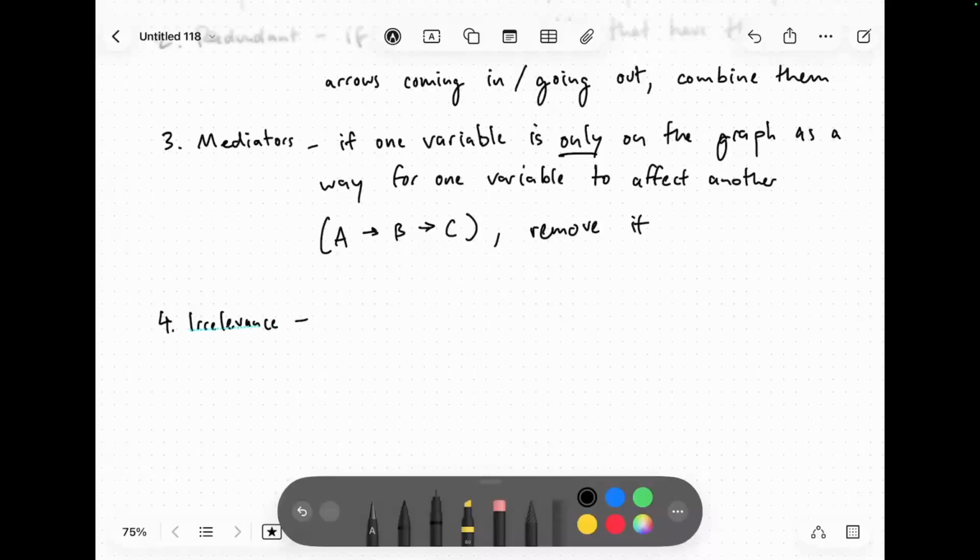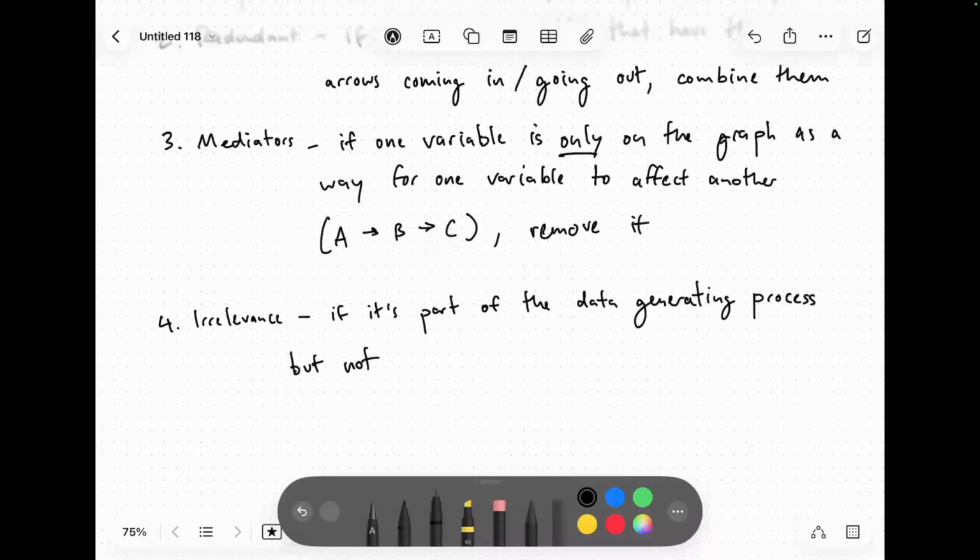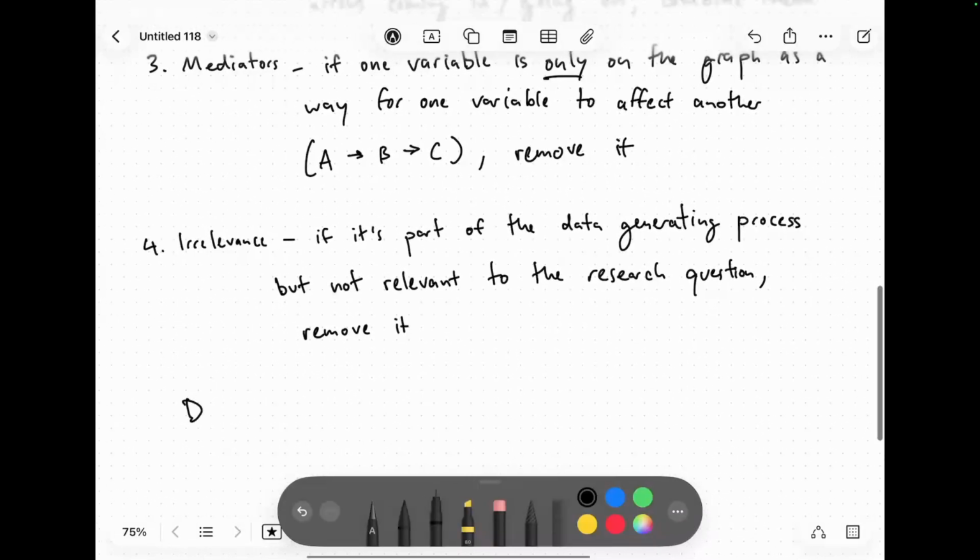Irrelevance. If it's part of the data generating process, but not relevant to the research question, remove it. And then the last thing, diagrams must be acyclic.